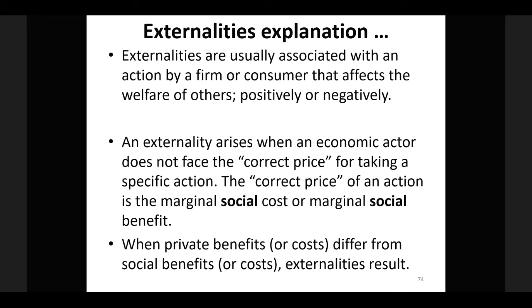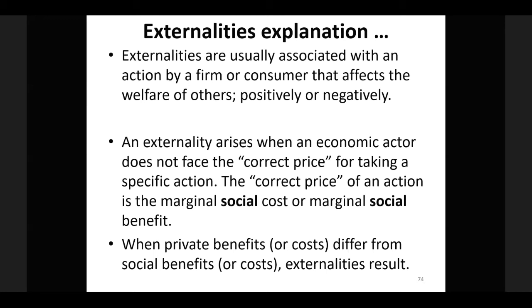What we mean by the correct price of an action is the marginal social cost or marginal social benefit of an action. That is the correct price of the item.